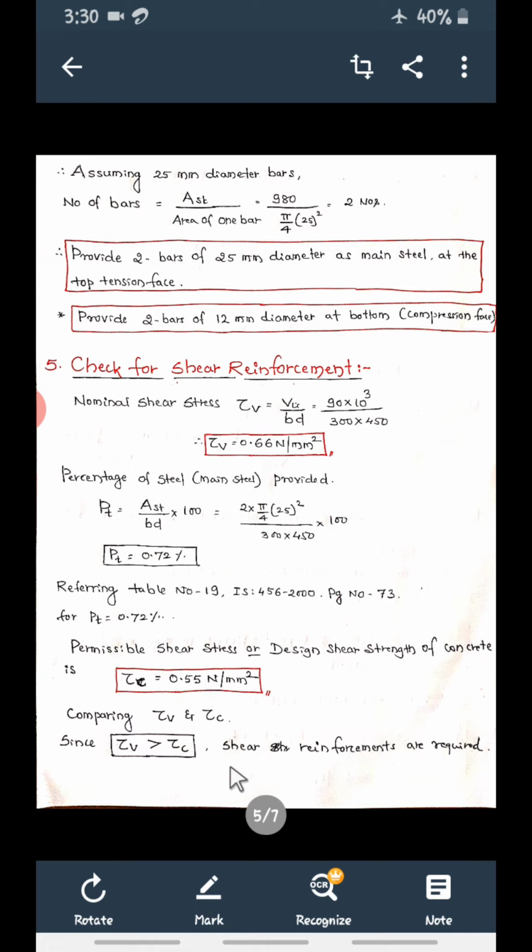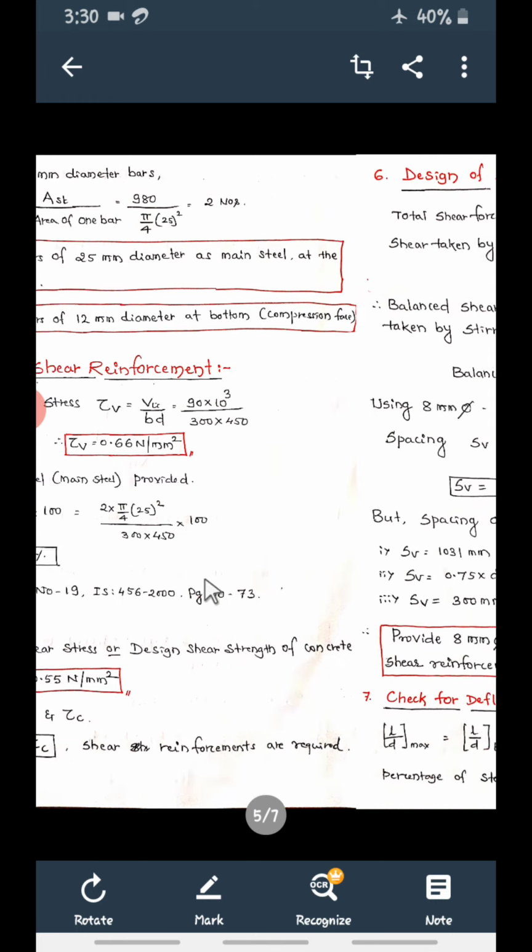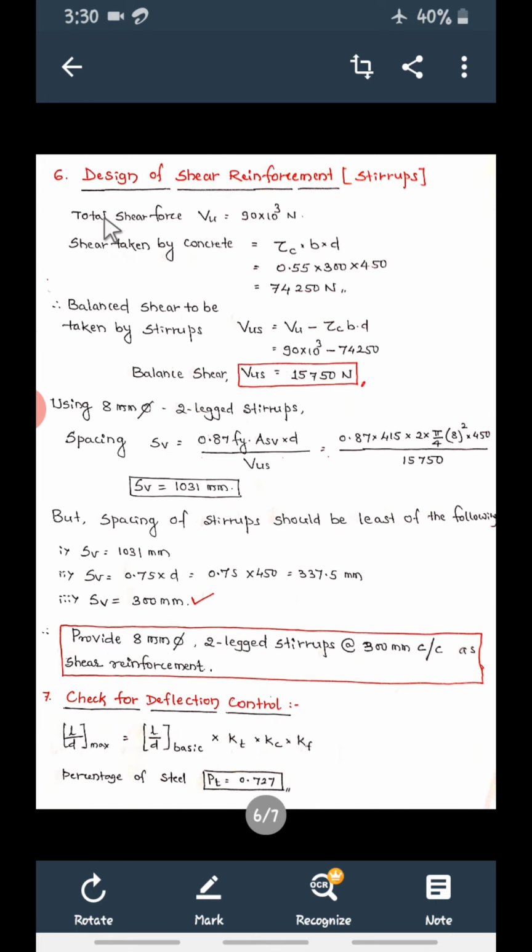Remember, this is an important step. Your next step will be design of shear reinforcement, that is, we are going to design the stirrups now. What is the total shear force Vu? We have calculated it is 90 into 10 raised to 3 Newton. Out of this total, some amount of shear will be taken by concrete. So how much will it take?